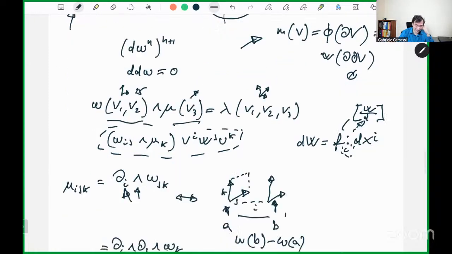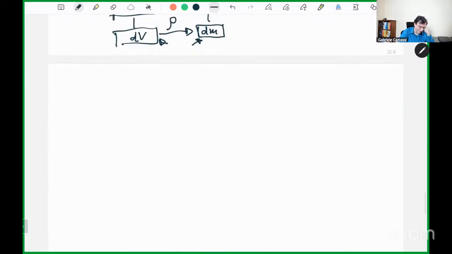So you can basically make potentials and vector potentials. So if you have a form omega such that d omega is equal to 0, then in a neighborhood you can write that omega is the exterior derivative of a theta.